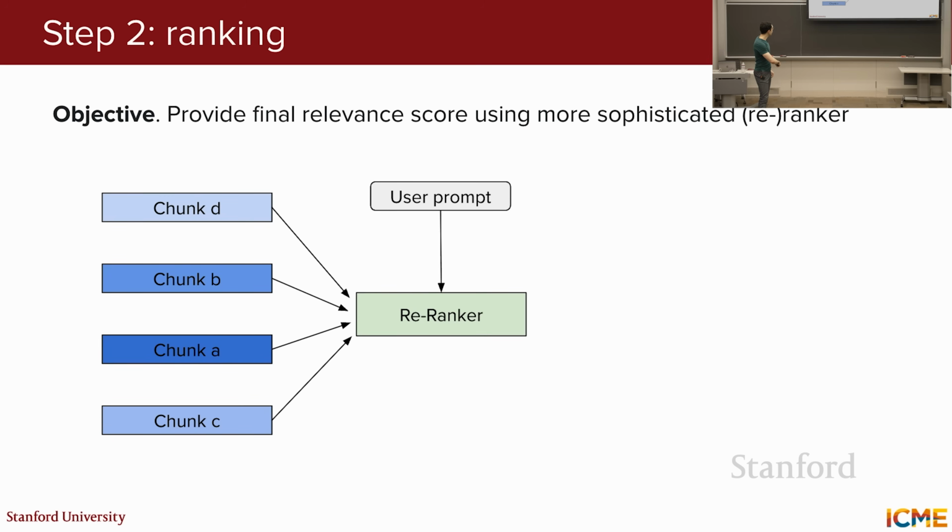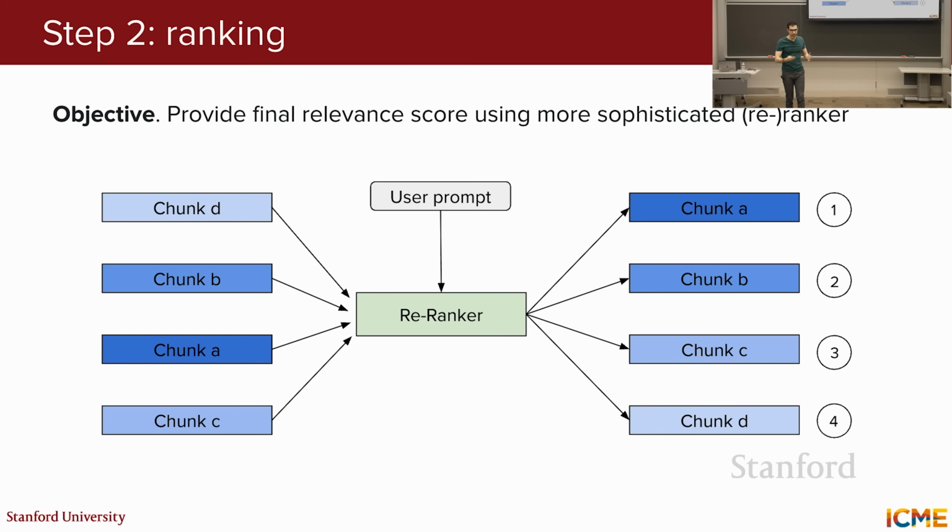Cool. Well, you do that on all your potentially relevant chunks. So you have this score that is computed for each of these chunks with the prompts, and then you finally obtain the ranking. And now the question is, are you happy with the ranking?